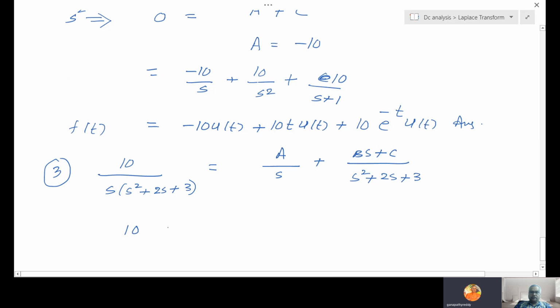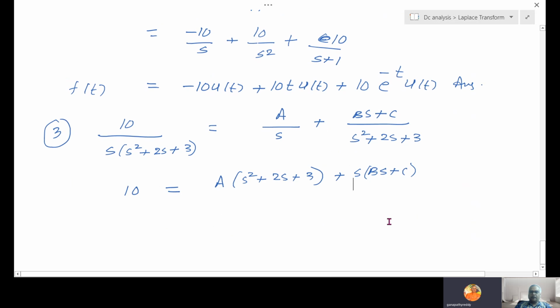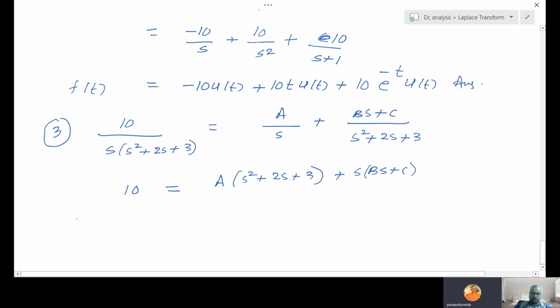So as usual, 10 is equal to a into (s square plus 2s plus 3) plus (bs plus c) into s. So compare the first, put s equal to 0. So when you put s equal to 0, 10 equal to, this cancels, 3a. So here s is 0. So what is a value? 10 by 3.